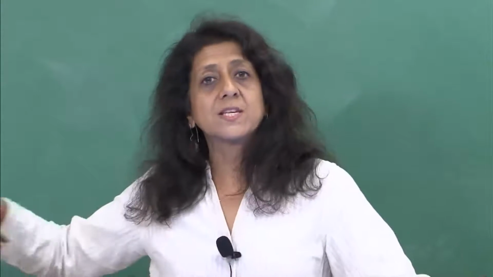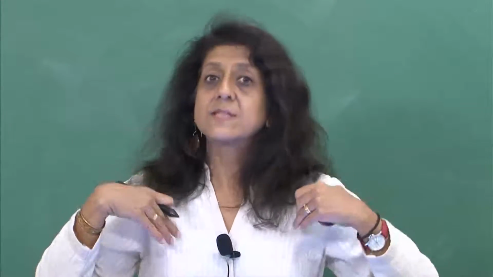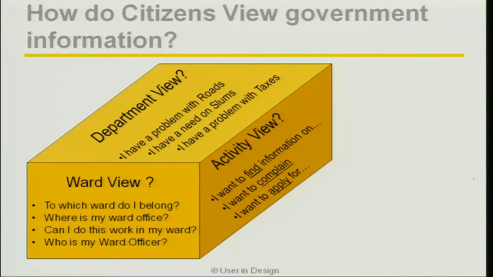So it's organized by departments, and that's the view that is shown to the public, right? But what do people want? What do people expect, right? So there are these 3 views. There is the department view. I have a problem with the roads, I have a problem with slums, with taxes. So each of these are departments in the corporation. And that is the view that is reflected to citizens today.